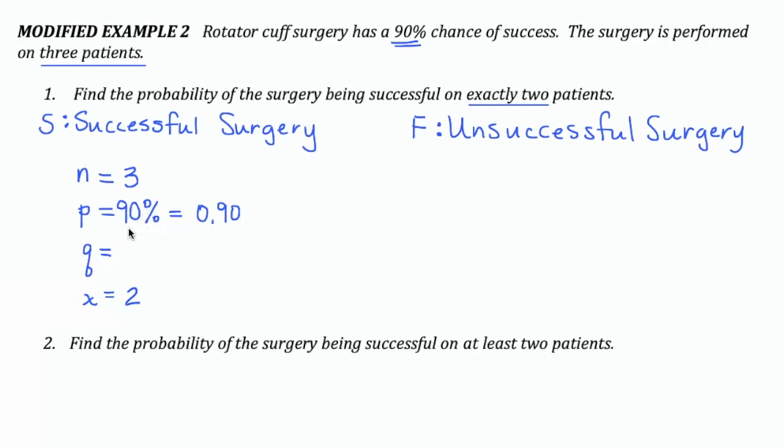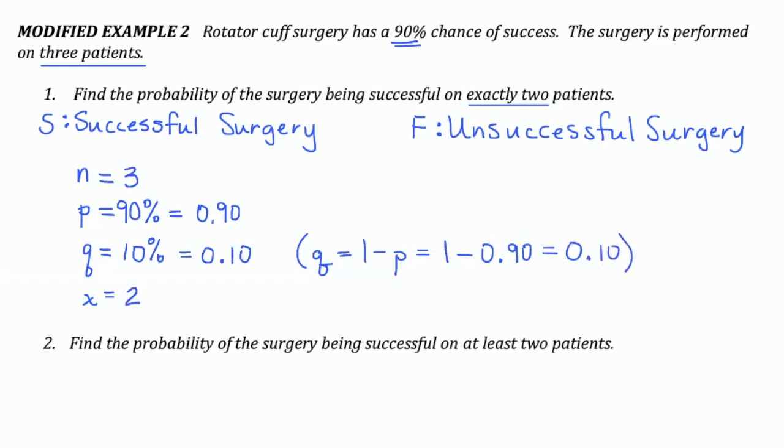Now, most people would quickly understand, okay, if there's a 90% chance of success, then there's a 10% chance of failure, which is correct. You can always get your q value by doing 1 minus little p. As you can see in this case, 1 minus 0.90 would give me the same answer.